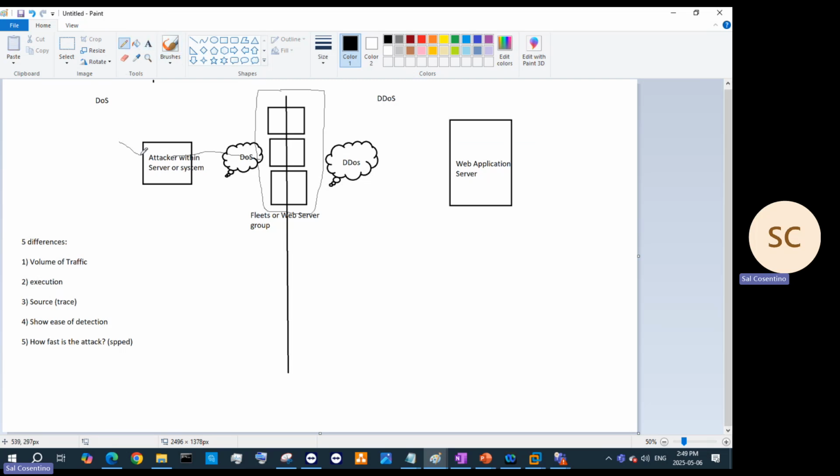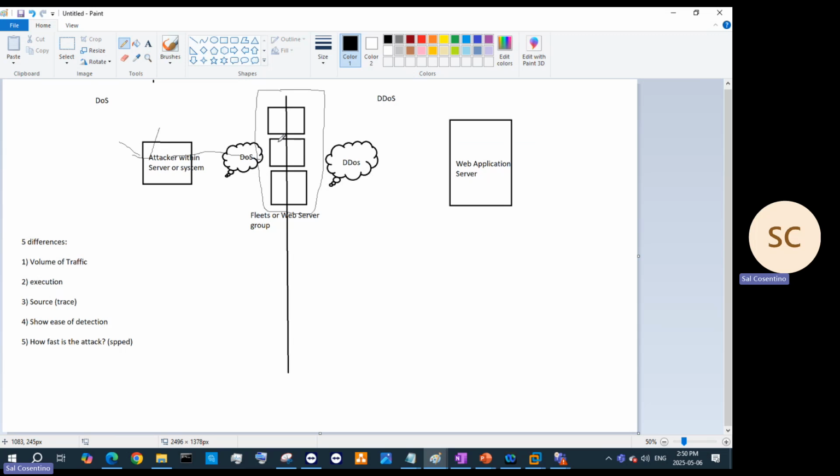So this attacker here, right, threw an attack out and launches, let's say, 5,000 requests to the DOS, the denial of service. So that volume of traffic was higher from the attacker side than what the DOS or the web server group or fleets of web applications or infected machines could handle.